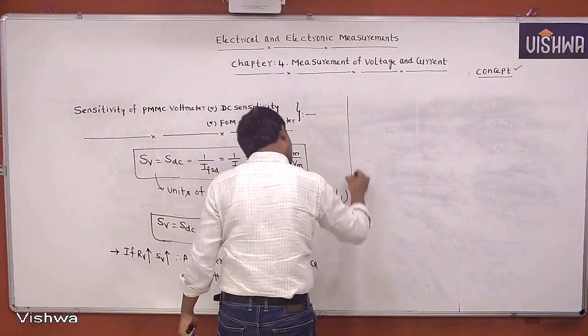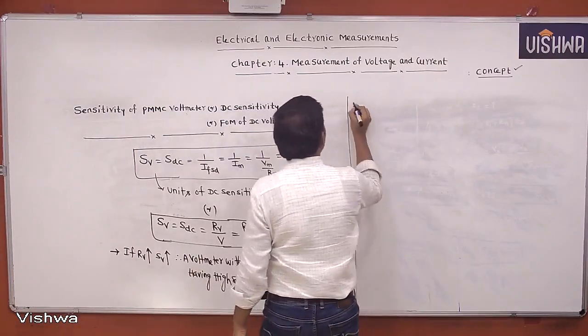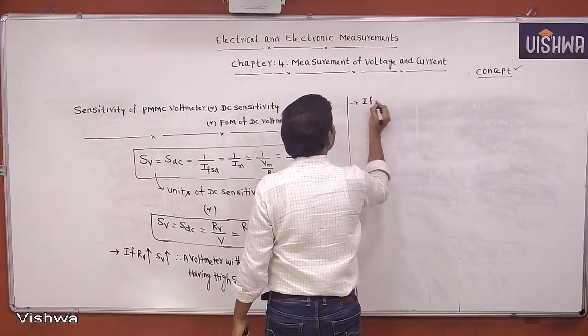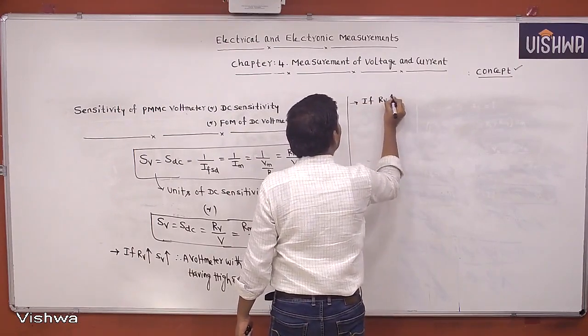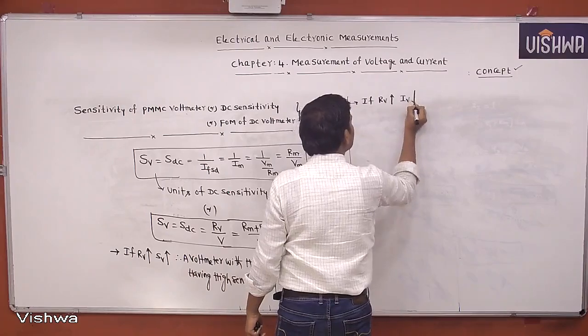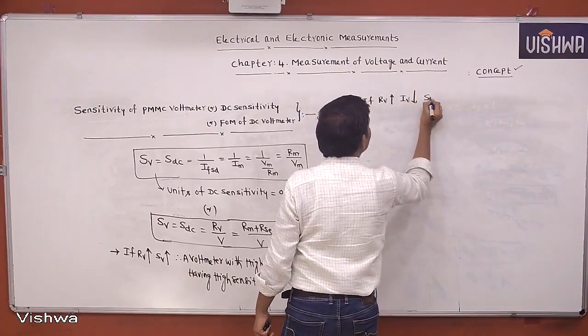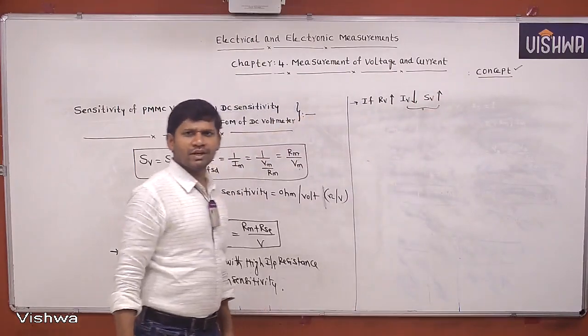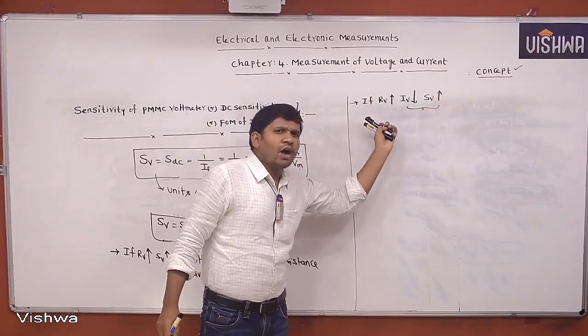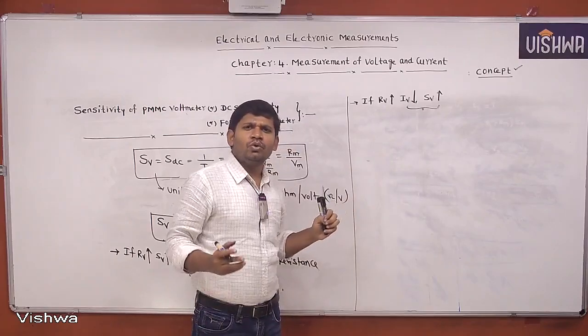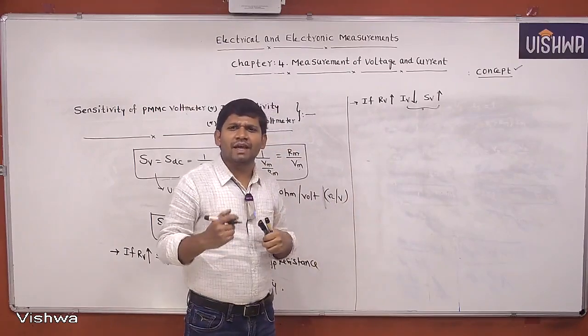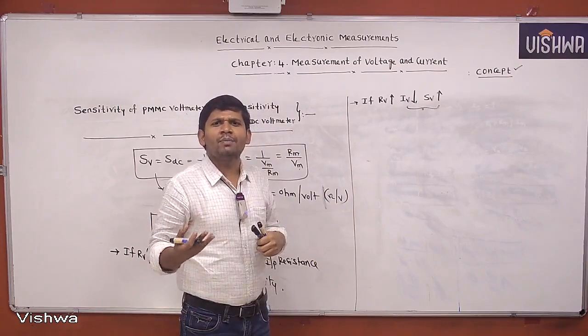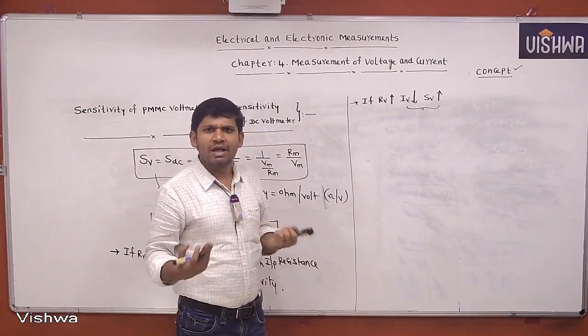One more observation. We know that if RV increases, the current taken by the voltmeter reduces. And if RV increases, the sensitivity increases. By using these two, I am writing one more statement. The voltmeter which operates by taking less current, is it high power consumption or less power consumption? Less power consumption.